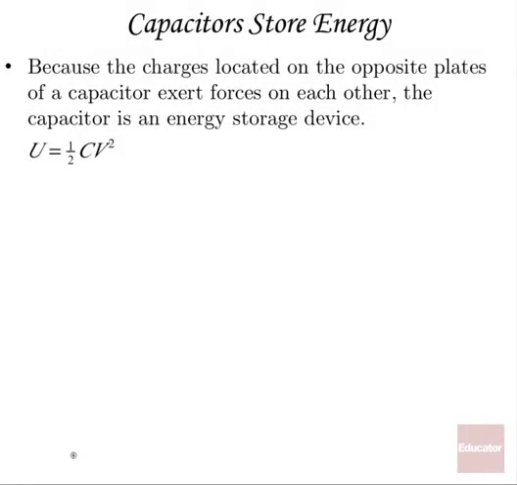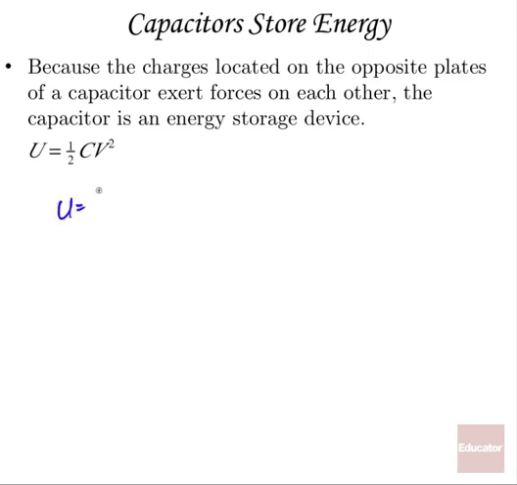Capacitors store energy. Because the charges are on opposite plates of the capacitor, they exert forces on each other. It becomes an energy storage device where that energy is stored in the electric field. And you can find the energy stored in a capacitor by the formula potential energy in a capacitor is 1/2 times the capacitance times the square of the potential difference.